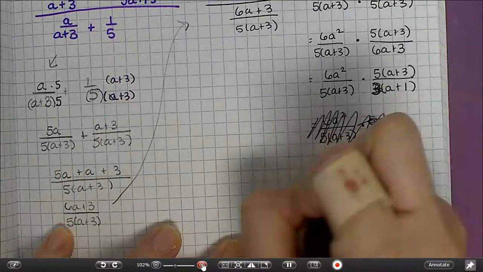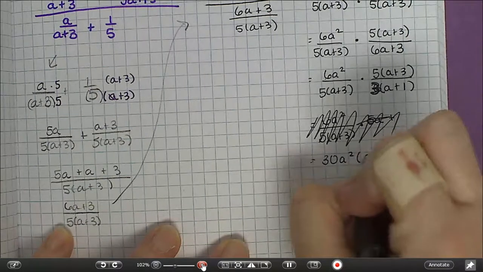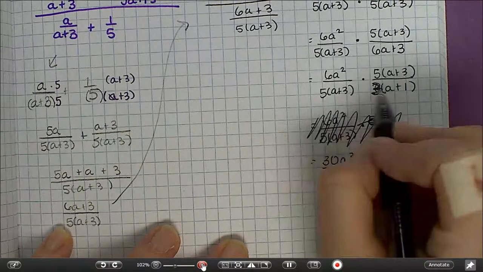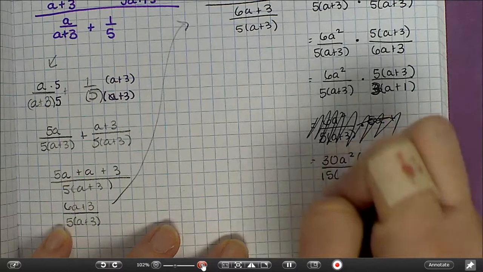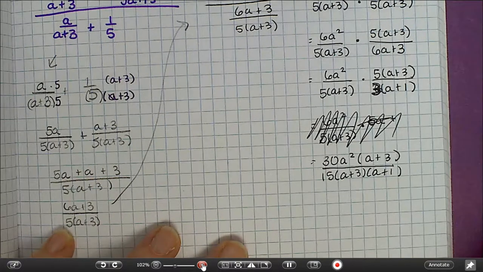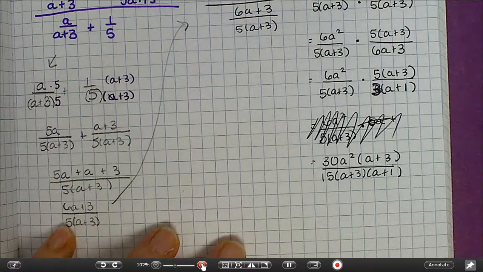So now we're going to multiply. 6 times 5 is 30, a squared, and a plus 3. And in the denominator, we have 5 times 3 is 15, a plus 3, and a plus 1. Any questions? If you have them, please let me know. Now we're going to go through and simplify.